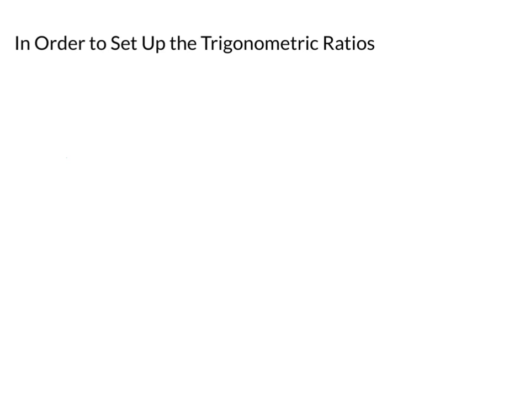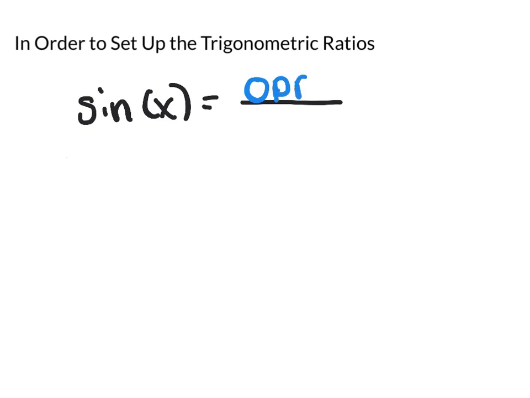Now, for setting up the trigonometric ratios, we have to know the relationships. The first one gives us that sine of x equals, and they're all fractions since they're ratios, so it would be the opposite over the hypotenuse.